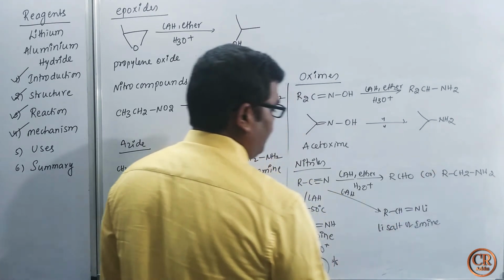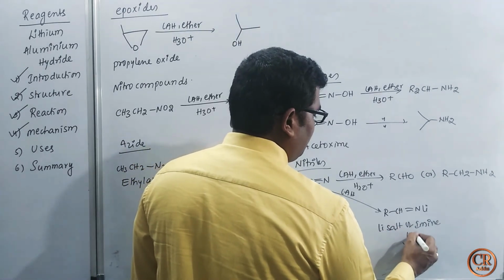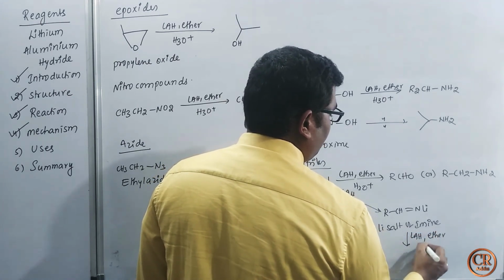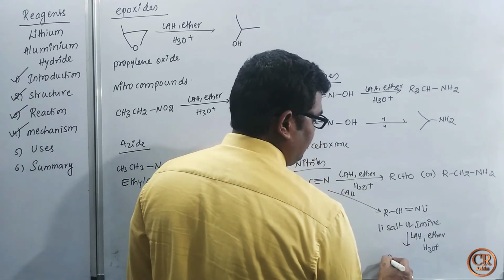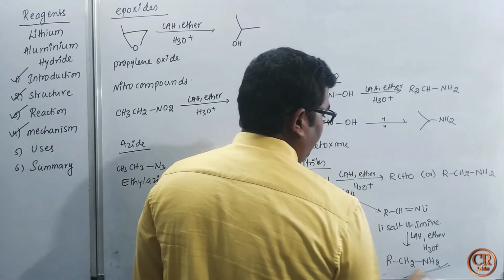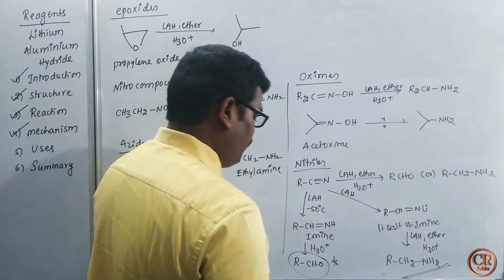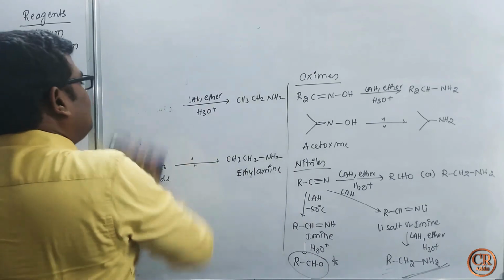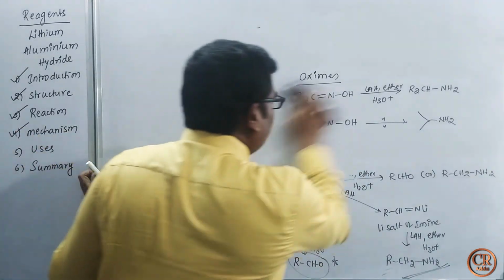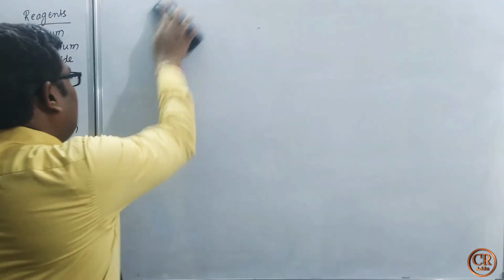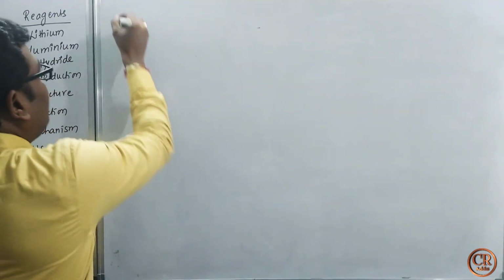This lithium salt again reacts with lithium aluminum hydride in ether followed by acid hydrolysis gives amine. So amine is formed. Now we move to next reaction. The next reaction is reaction between alkyl halides.